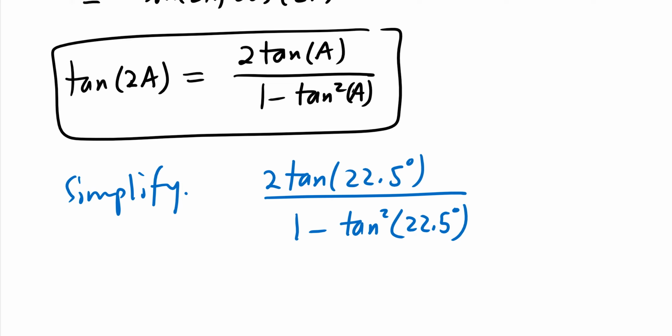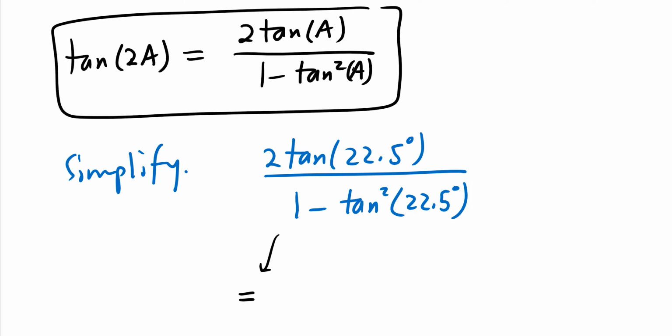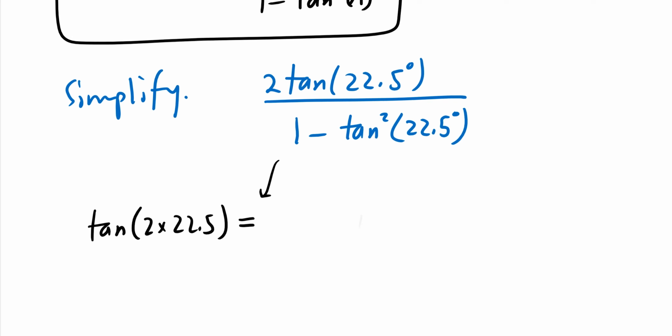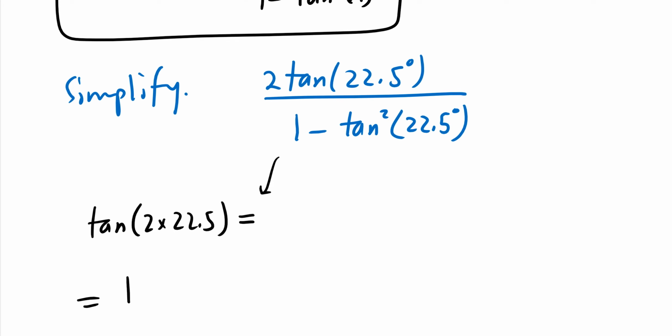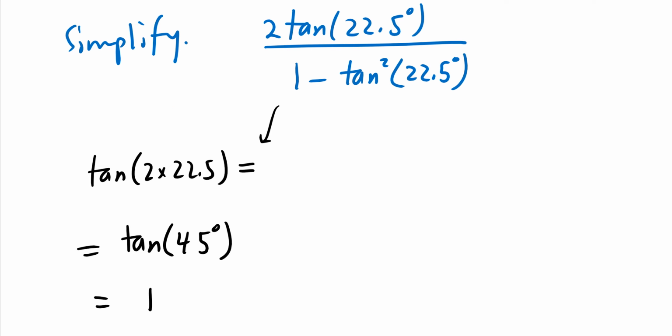So if I go backwards, this thing equals tangent 2A, so it's 2 times 22.5. That gives us tangent of 2 times 22.5, that's 45 degrees. And we know from before, from the table, tangent 45 degrees is simply 1.